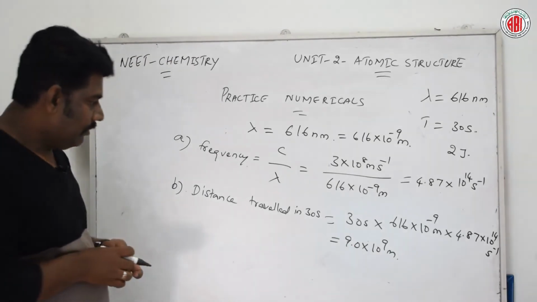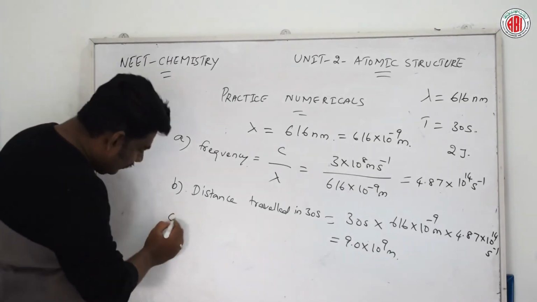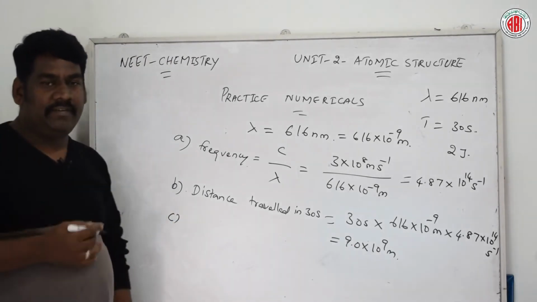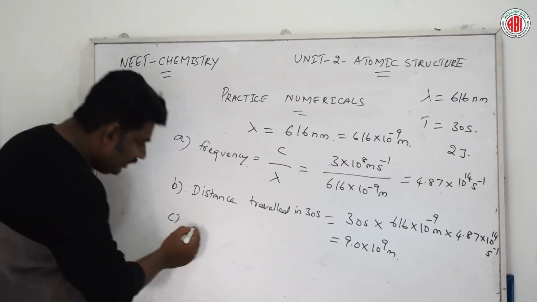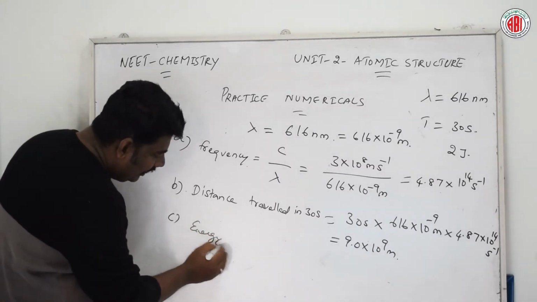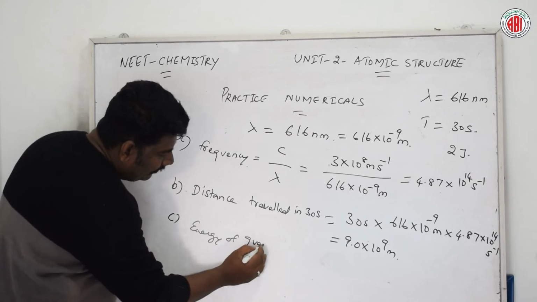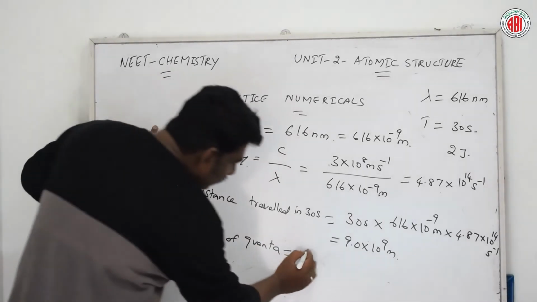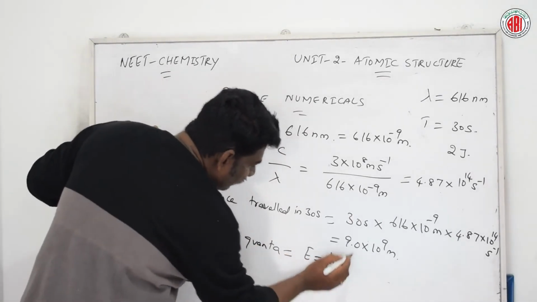Okay. Now number 3, energy of the quanta. Let us find the energy of the quanta. Energy of quanta, that is E is equal to h nu.